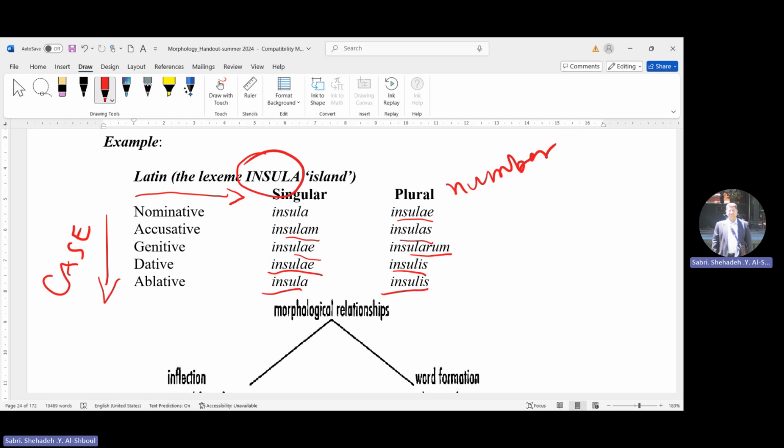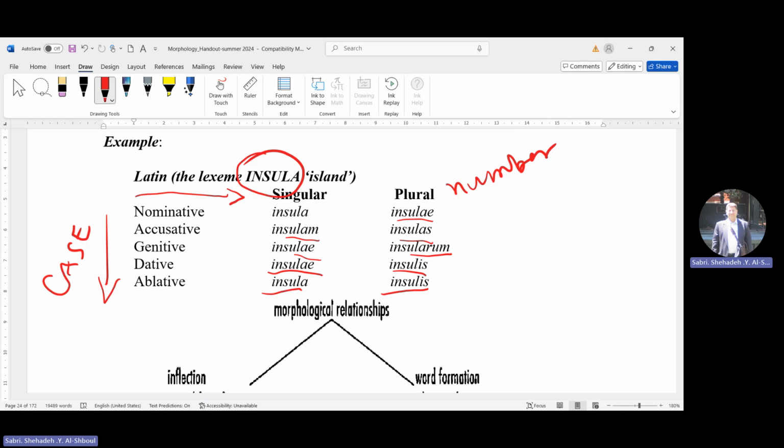So we say that the form insula as a lexeme is abstract. It has no features, no case features, number features, or anything. It is in the mind. Once produced, it undergoes this type of inflectional changes.